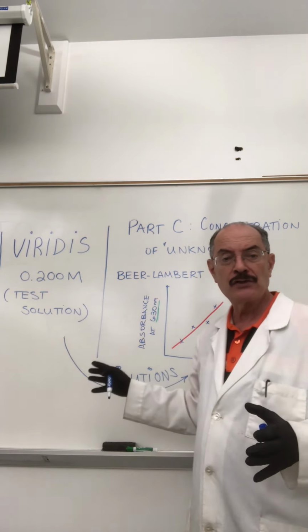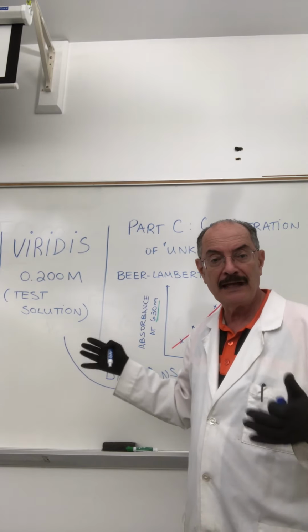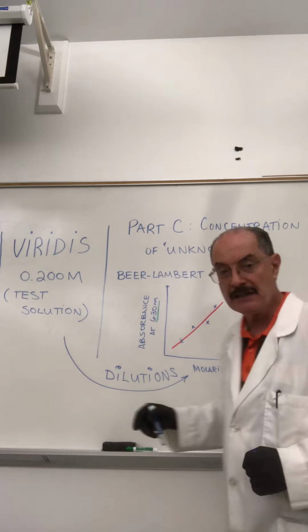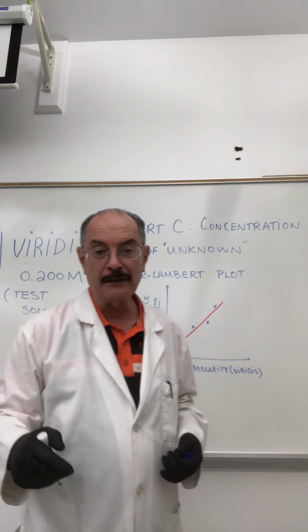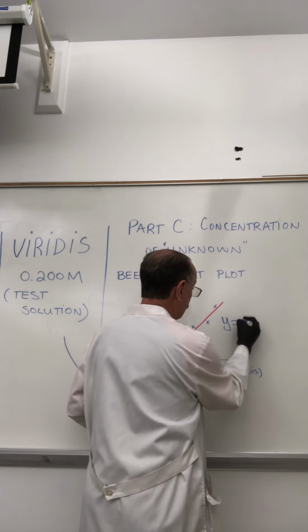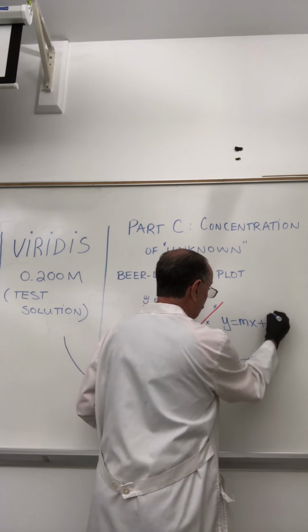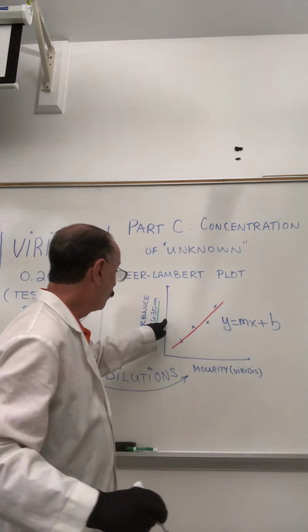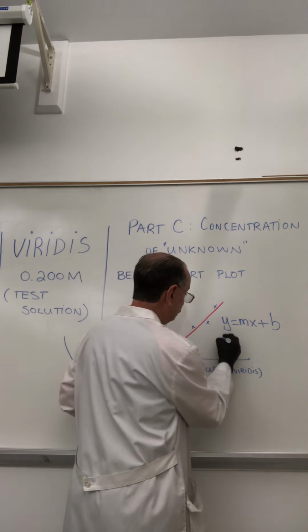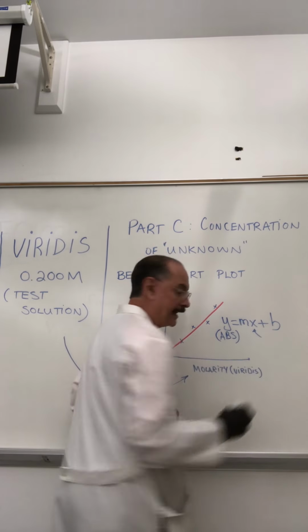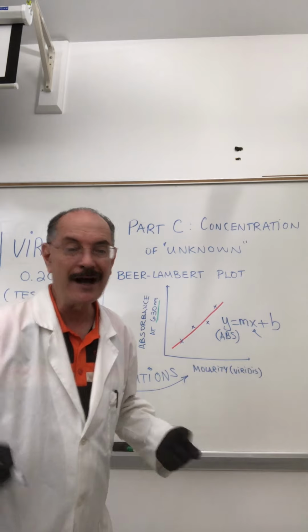And according to what we discussed, the Beer-Lambert plot should give you a straight line, which means that when you plug it into Excel, it'll give you an equation of a line, right? Y equals mx plus b, where y would be the absorbance and x will be your concentration.